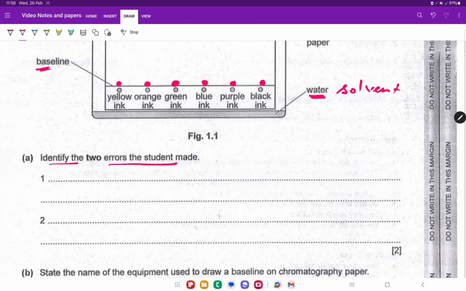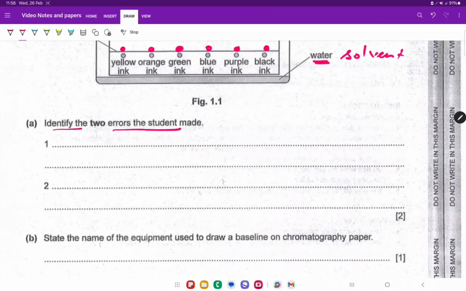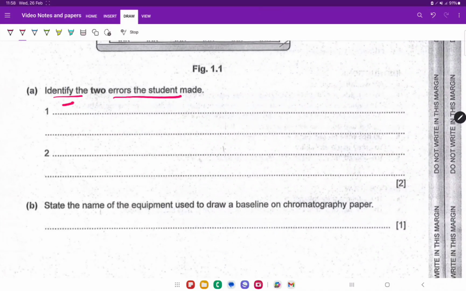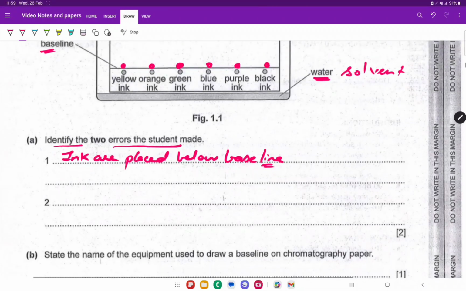This is the first error we can find out. The inks are placed below the baseline, they should be on the baseline.